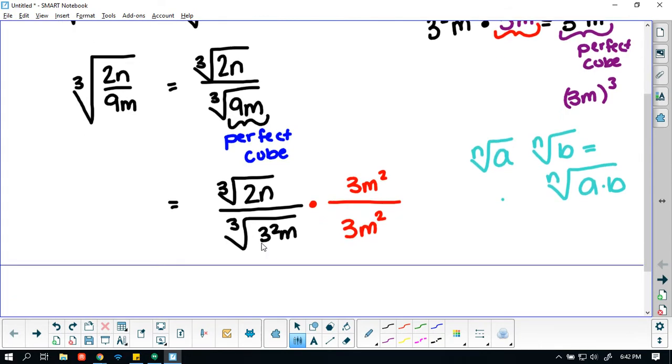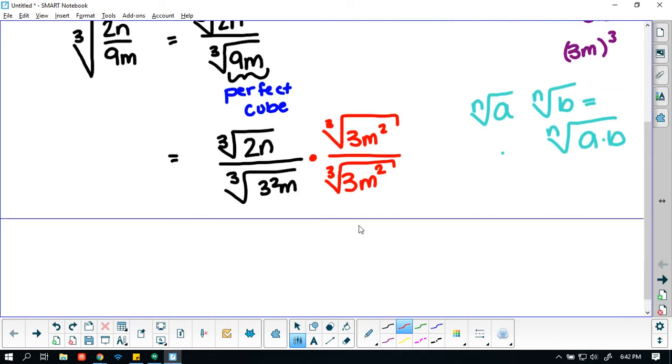And so at this point, I cannot multiply this value with this value. So to solve that, I'm going to make this a cube root. Now I'm able to multiply the numbers within the radical.